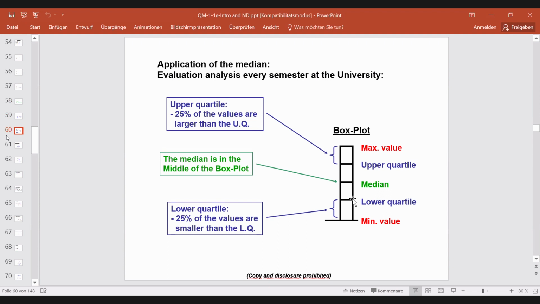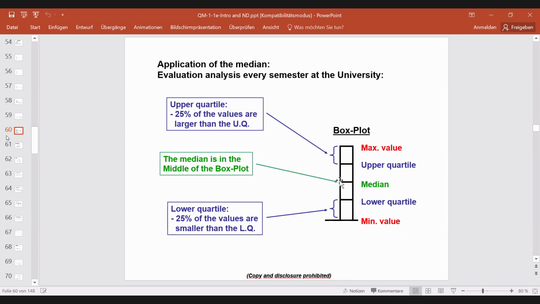And then the rest, 25%, which are bigger than the median, they are here in this box up to the maximum value, and here the same down to the minimum value.